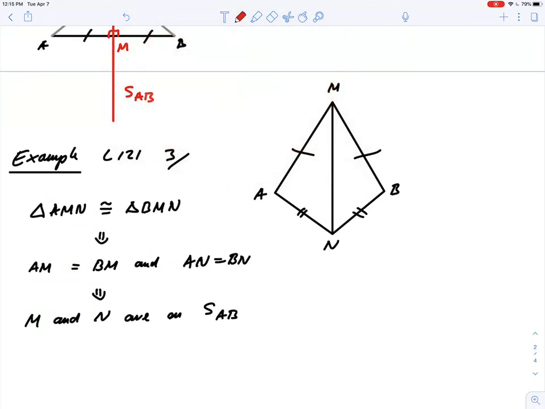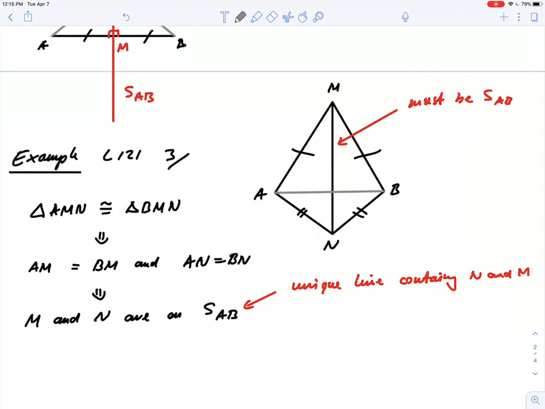This has to be the unique line passing through or containing N and M. So that means this guy here must be the perpendicular bisector. And that's pretty obvious, isn't it, right? Because if you draw this line, visibly it's at right angles there and it cuts it in half.